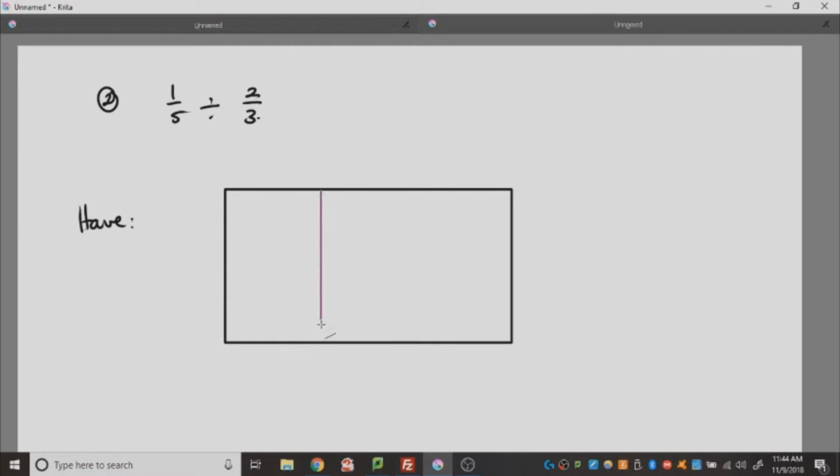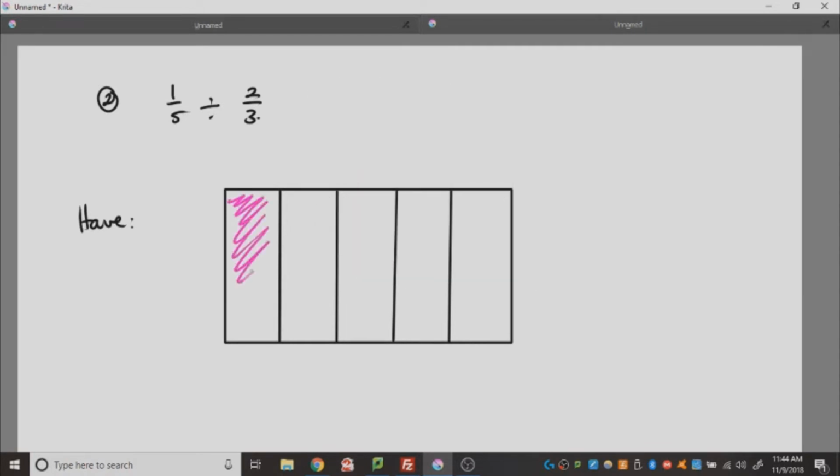But I divide it into 5 ideally equal, 5 equal vertical slices. Try and make them close to the same size. And then, let's go pink. Pink is what I have. I don't have a lot. Not a lot of bread for me. That's all I have.